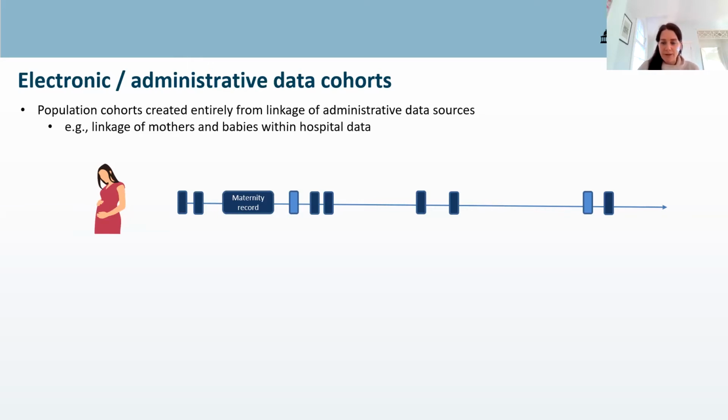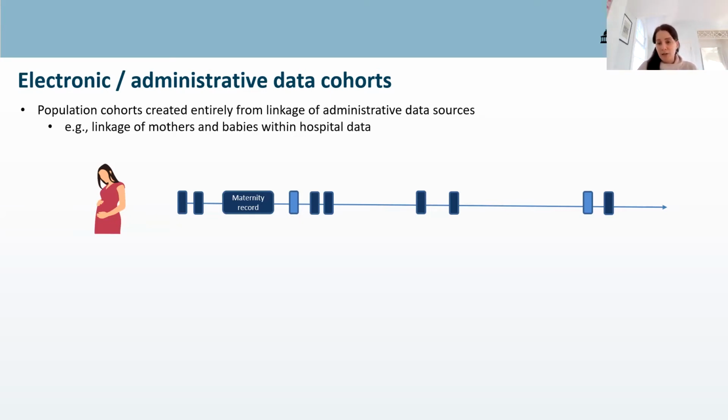So if you think about each of these bars on the diagram here representing a point of interaction with the service, so the dark blue bars might be a hospital admission or an A&E attendance, and the light blue ones might be a GP visit. Then these are time points or events from which we can obtain really valuable information.